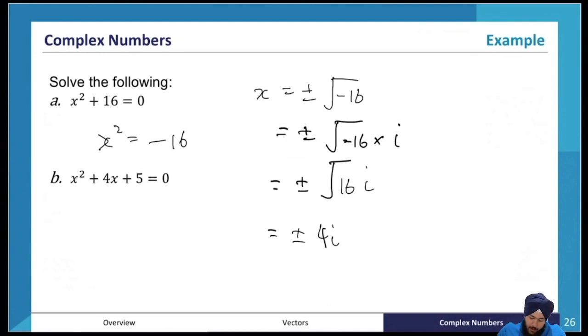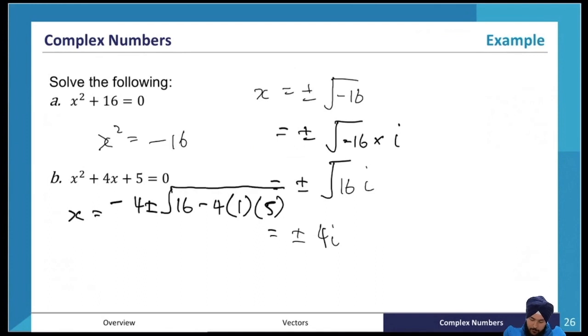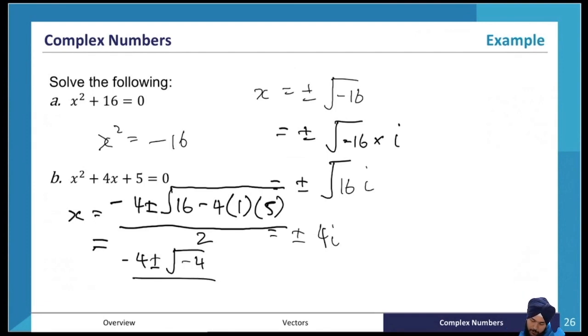Okay, next one. When you have something like this, I would probably recommend using the quadratic formula. So x is equal to negative b, which is negative 4, plus or minus the square root of b squared minus 4ac, where a is 1 and c is 5, over 2a, which is equal to negative 4 plus or minus root 16 minus 20, over 2.